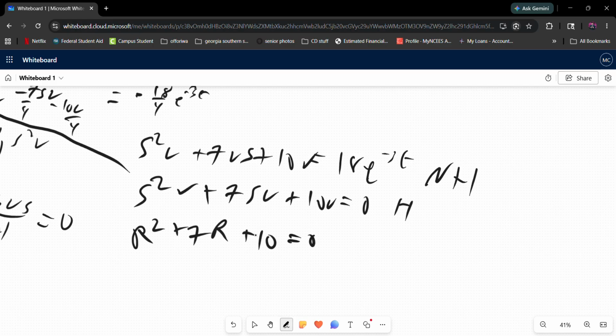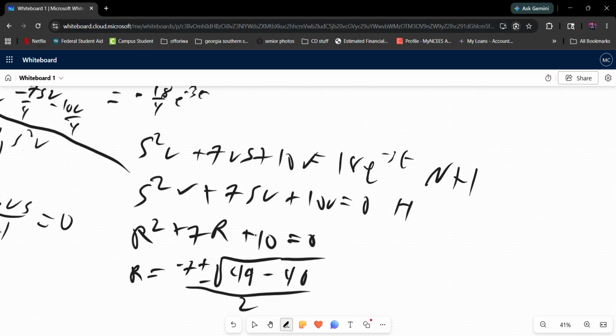Okay. Now we can just use the quadratic equation. So we end up with R being equal to negative 7 plus or minus the square root of 49 minus 40, all over 2. So that just becomes 9 in the root. Root of 9 is 3.